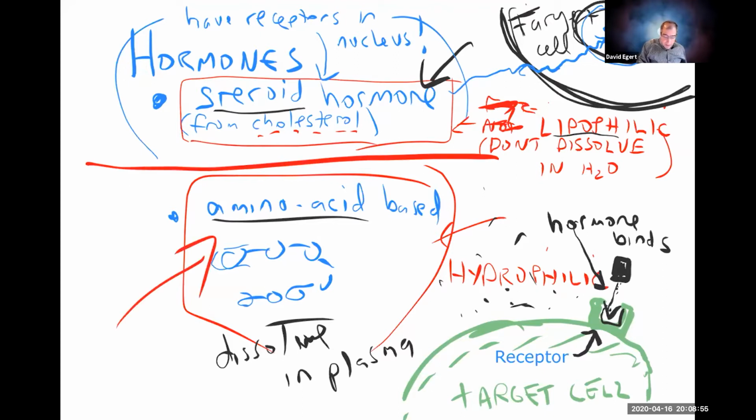Whereas these amino acid-based ones, the receptors are here on the cell membrane, on the outside of the cell. So that's a big difference. That's what we'll say for that.